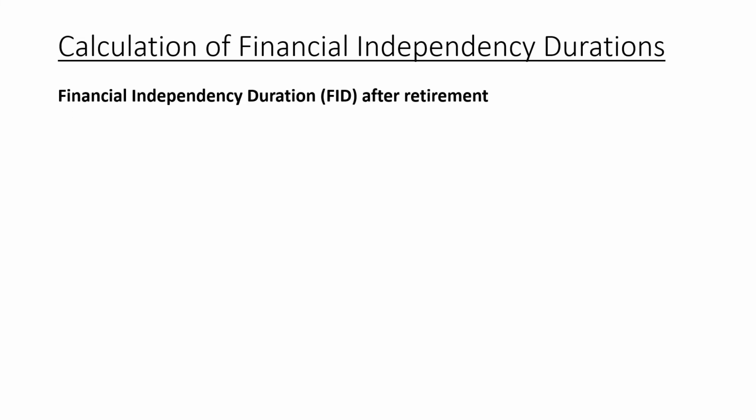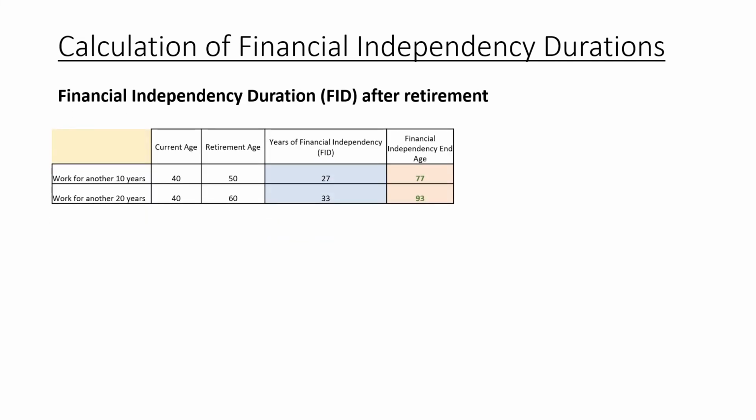Okay, now with all the simple calculations and deductions, we can see from this summary table, assuming the couple is now 40 years old, they work 10 years and become 50, and then their financial independence can last another 27 years, so they spend the cash and the financial assets until the age of 77.